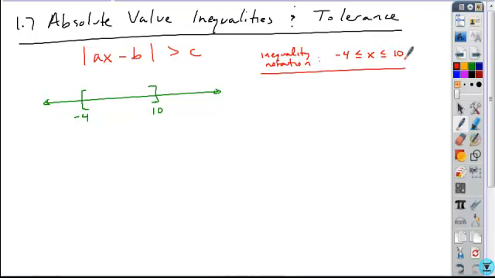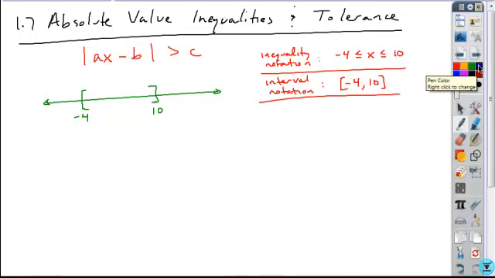Okay, in the interval notation, this can be represented as a lower limit of -4 and upper limit of 10. They're both included, so they're going to have brackets on them. Okay, the final notation, or what you have to be able to manipulate in this case, is the absolute value notation. So I'm going to write that right here.